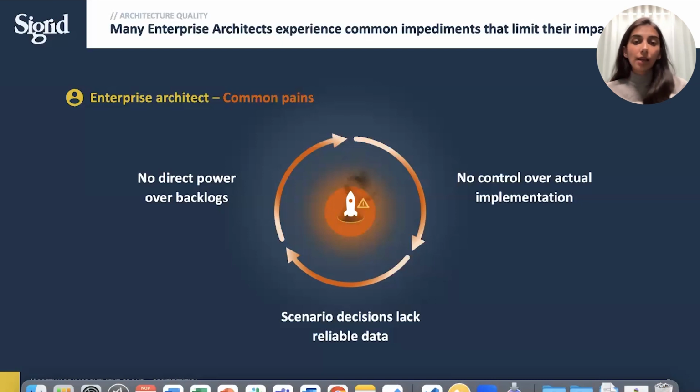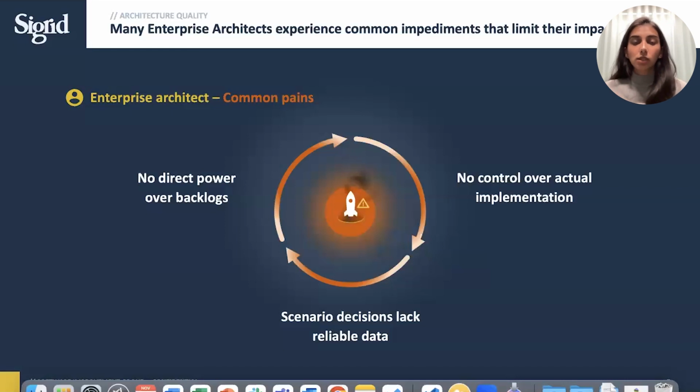They do want to align the prioritization such that it aligns with the overarching organization goals. And the second thing that they do is that they align with CTOs and show them data, and also provide them insights where to invest money in which technologies and after how many years this is going to pay back to us. So while this is the case, as I mentioned, in the first case where they align with these development teams, they don't have direct power over the backlogs. This was the first problem that they shared.